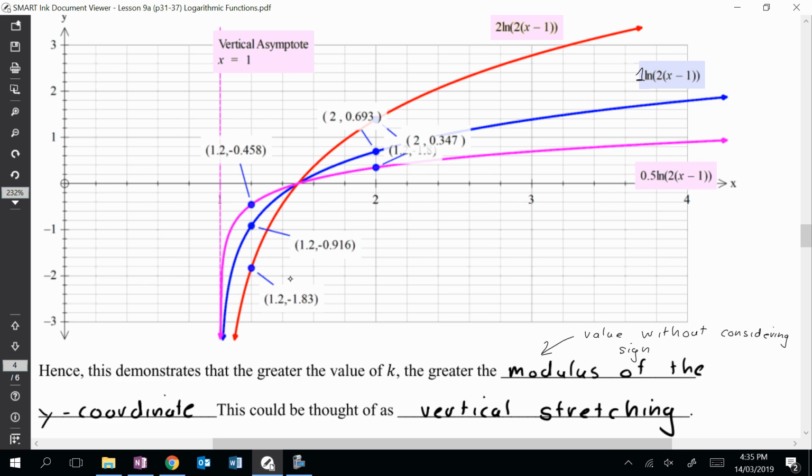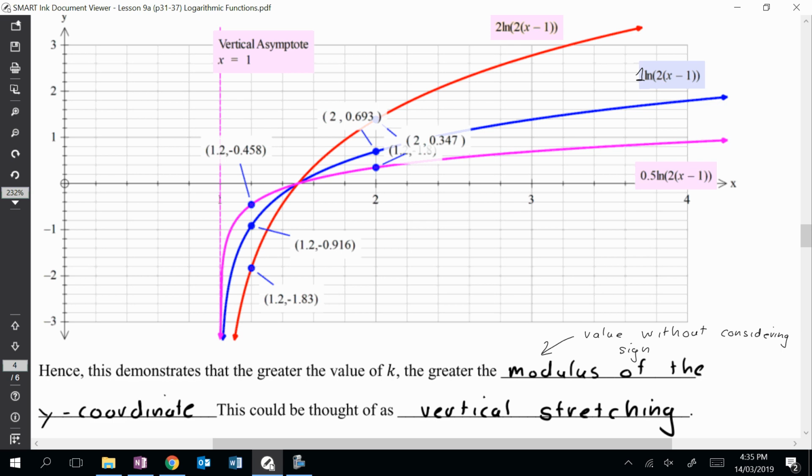Now, if we have a look at the points that are printed here, these are all the values at x equals 1.2. So here, it's negative 0.916, and then for 2, it's negative 1.83. So this is doubled, going from this point to this point. And here, negative 0.916 has halved to get to negative 0.458.